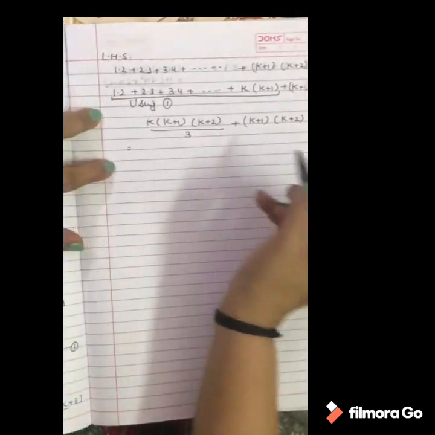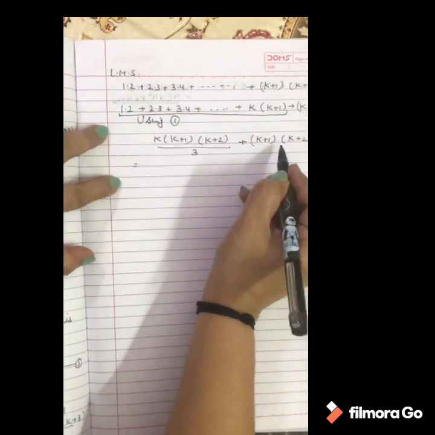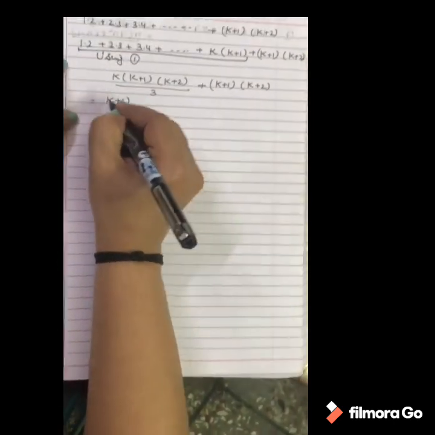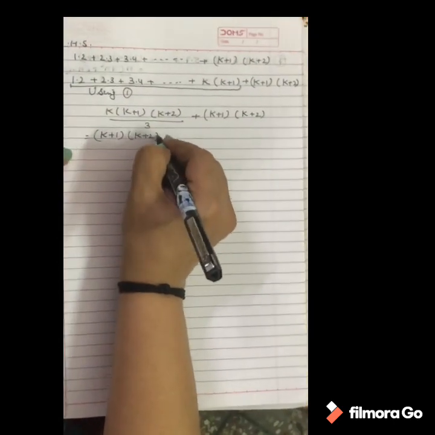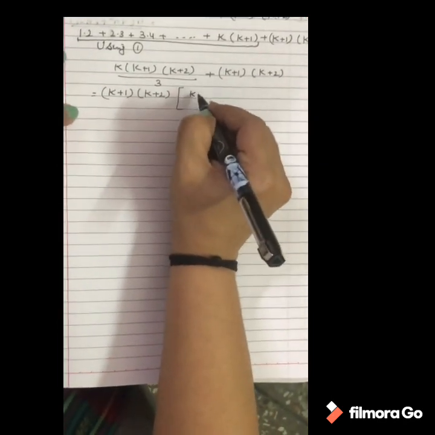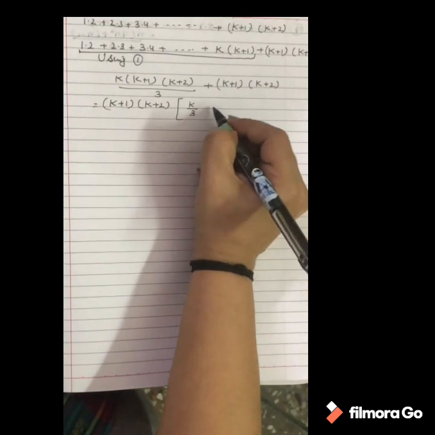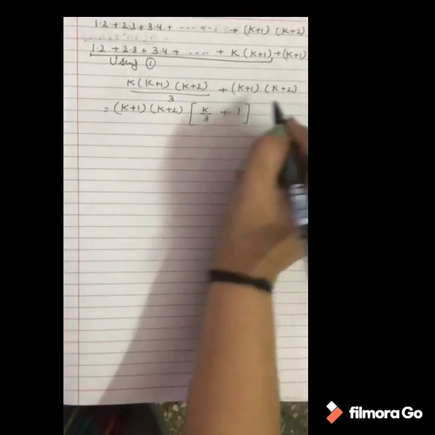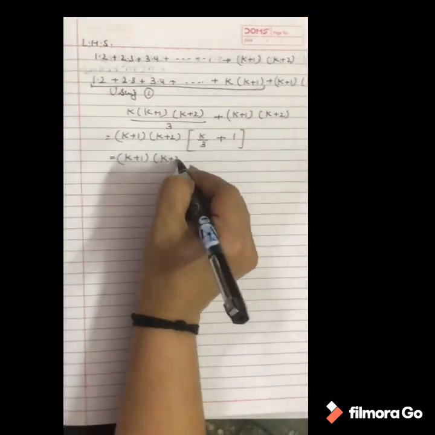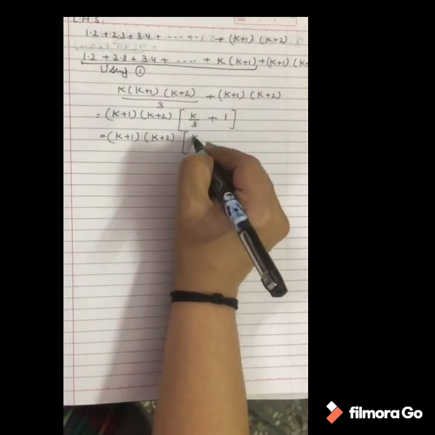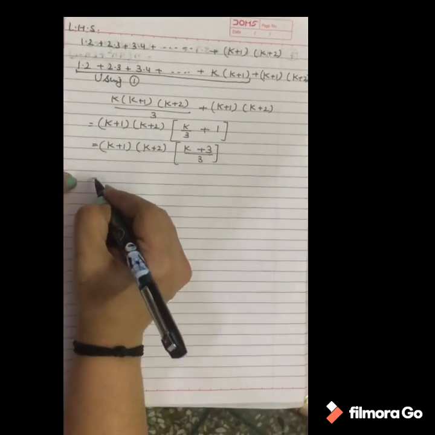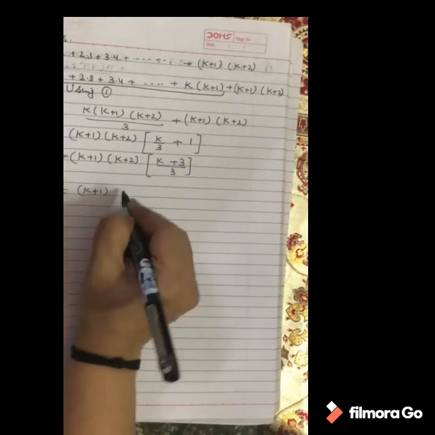Now what will you take? You will take (k+1) and (k+2) common because it exists in both terms. (k+1)(k+2). What will be left in the brackets? k upon 3 plus 1 only. (k+1)(k+2), again take LCM, so what result do we get?